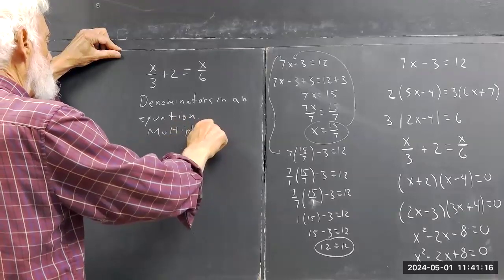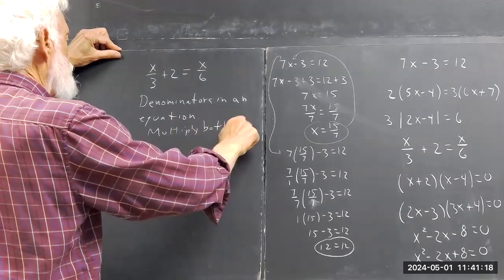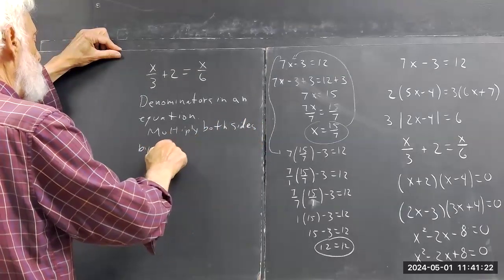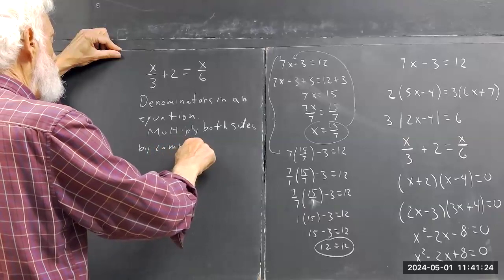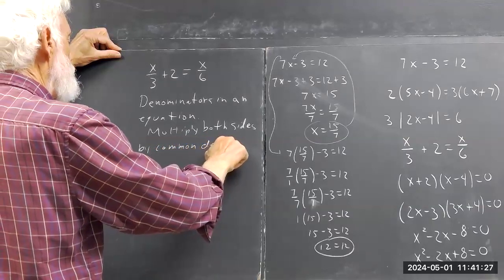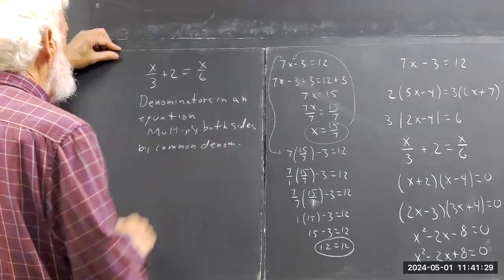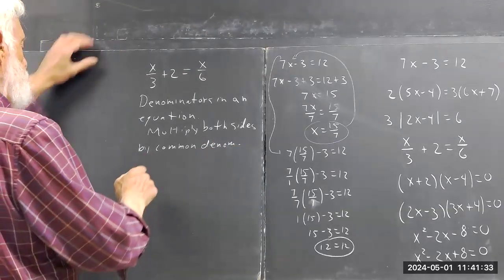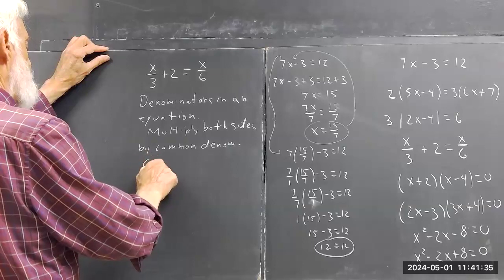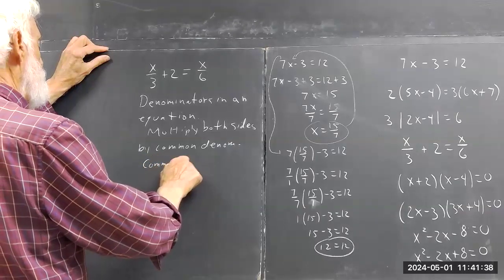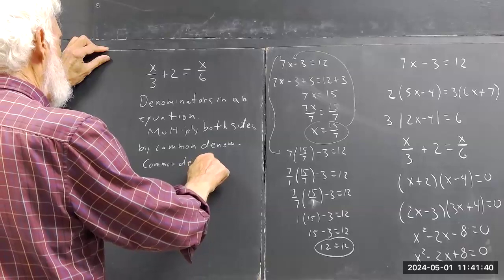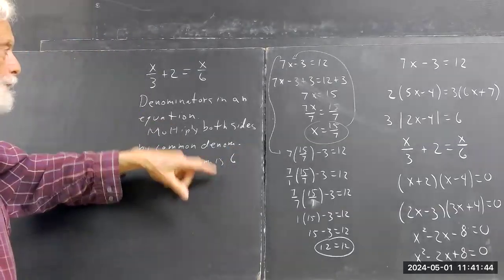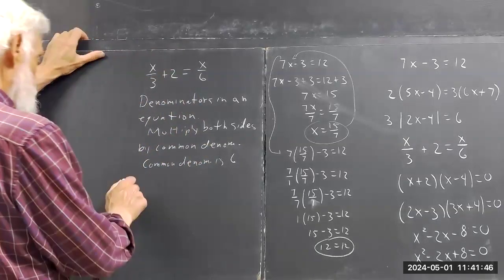Multiply both sides by the common denominator. Okay, common denominator is 6. 3 goes into 6, and 6, of course, goes into 6.